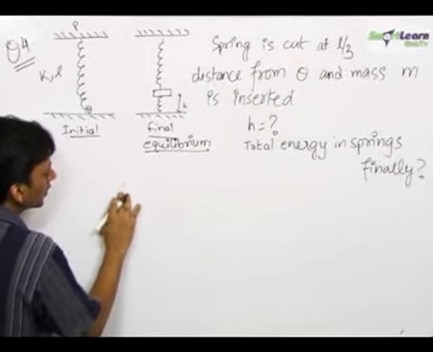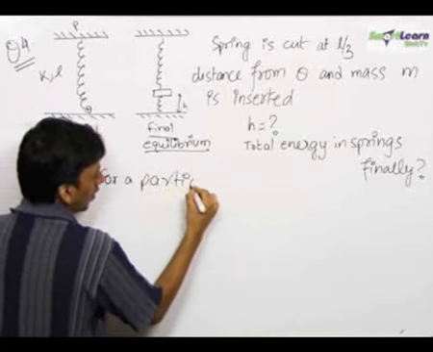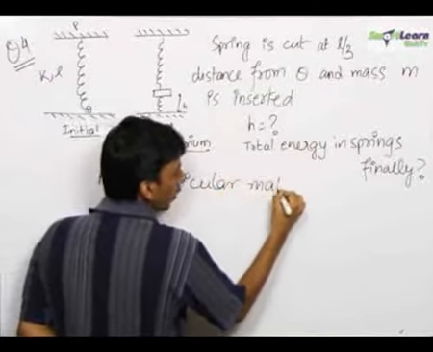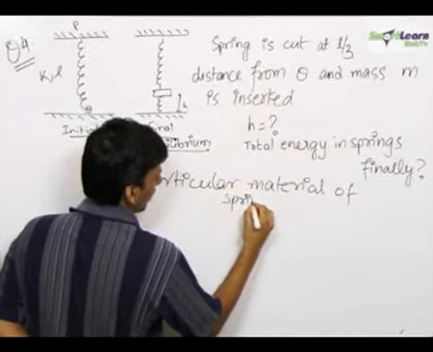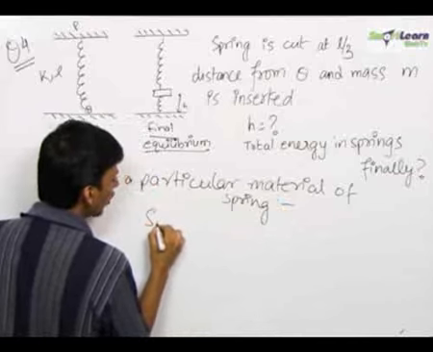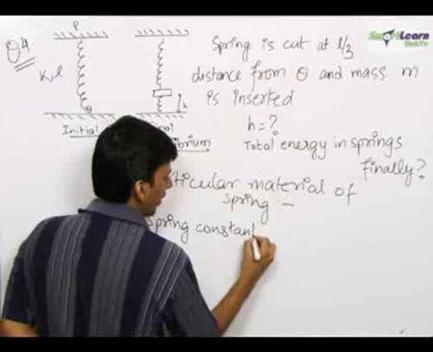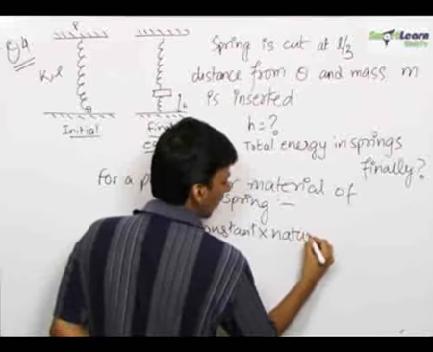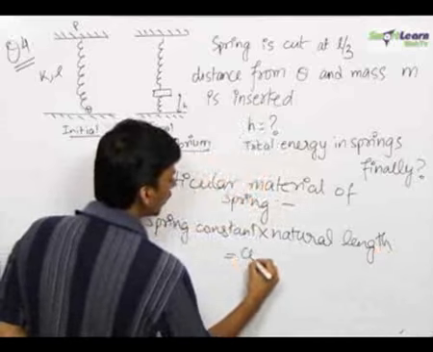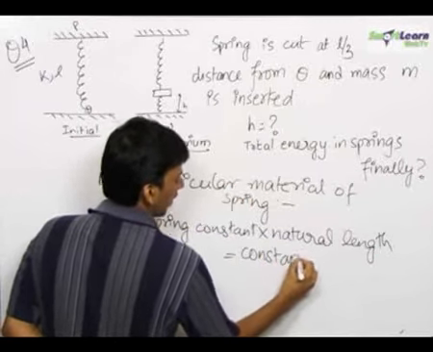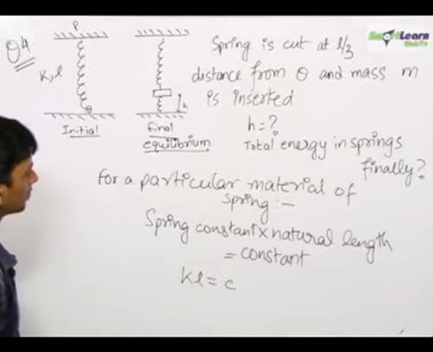For a particular material of the spring, the spring constant into natural length is always equal to a constant. We write this as K into L equals C.